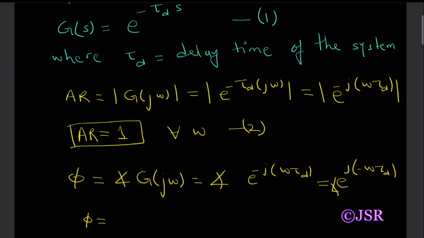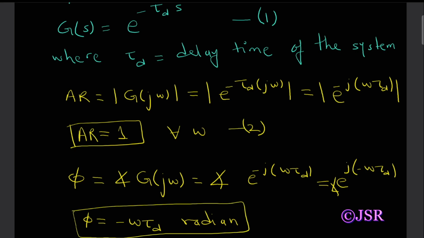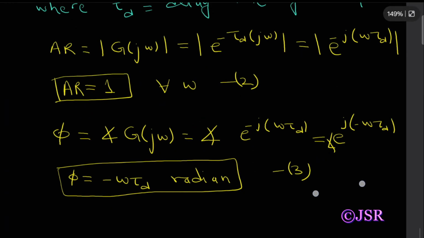And therefore phi will be equal to minus omega tau d in radian. So this will be equation number 3.